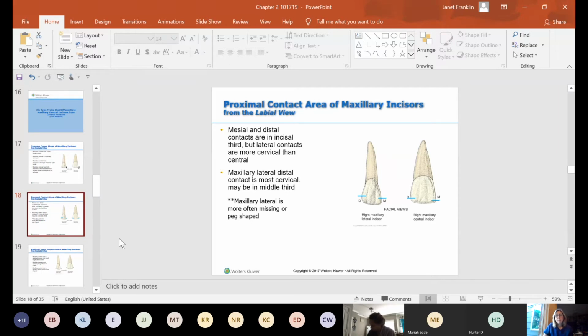There's something called a peg lateral. It's a kind of developmental anomaly that you can see in patients. You will see it in patients. It's called a peg lateral. When the lateral teeth are forming, the crowns of the lateral teeth form in a peg shape, so they look like a little cone. It's a genetic condition, so you will see it in families, and you will see it in your practice.